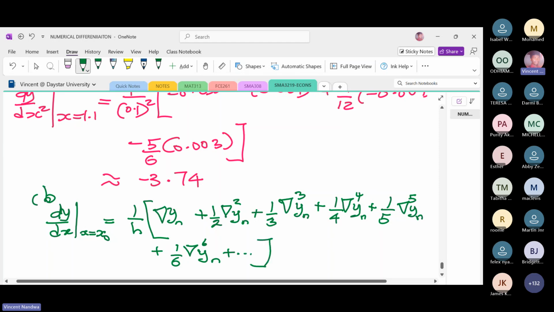But we know that we are going to stop at the backward power 6 yn because our difference table allows us to reach that as the maximum point we can read from the table.